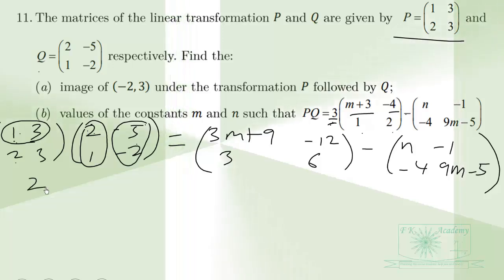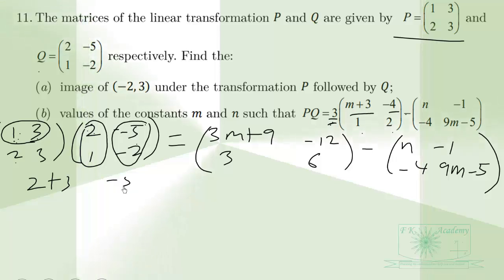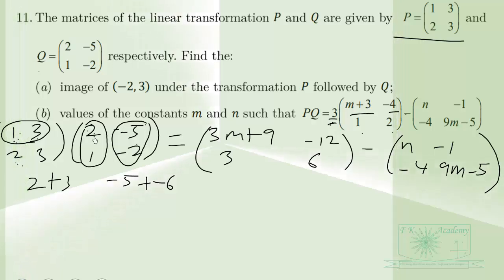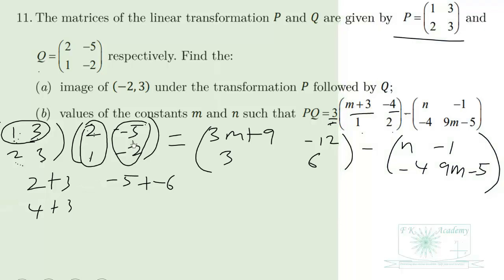Then we have 3 times 1 is 3. 1 times -5 is -5, then we add it to 3 times -2, which is -6. Row by column, 2 times 2 is 4, 3 times 1 is 3. Then we have 2 times -5, -10, 3 times -2, -6.